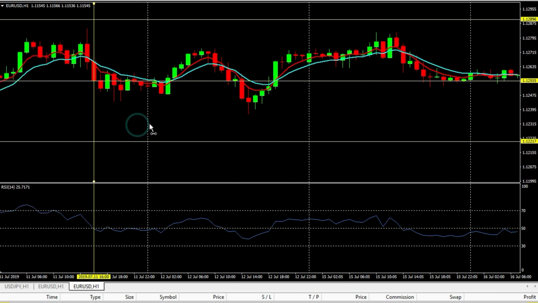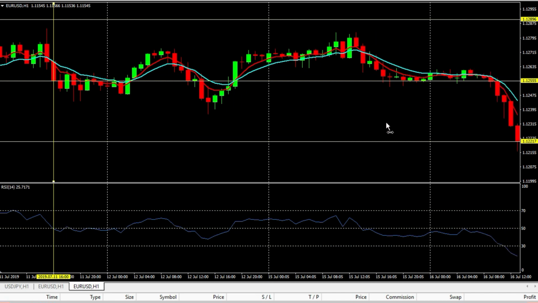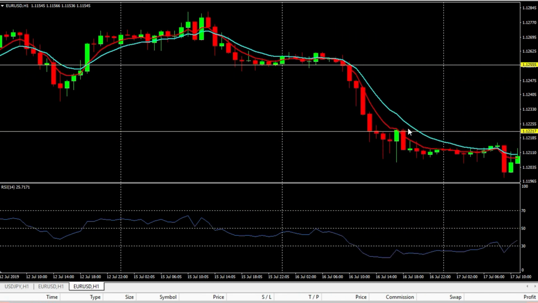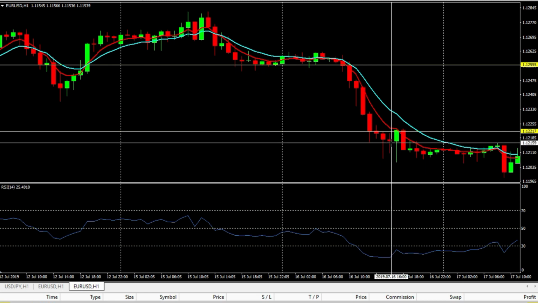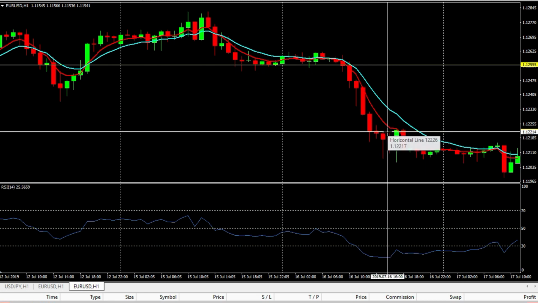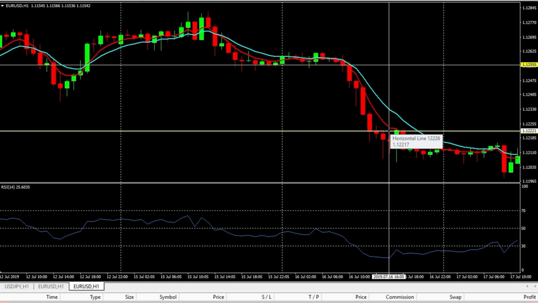The entry was on the 11th of July on the 1 hour time frame, and we got our target on the 16th of July. So this is 34 pips profit.